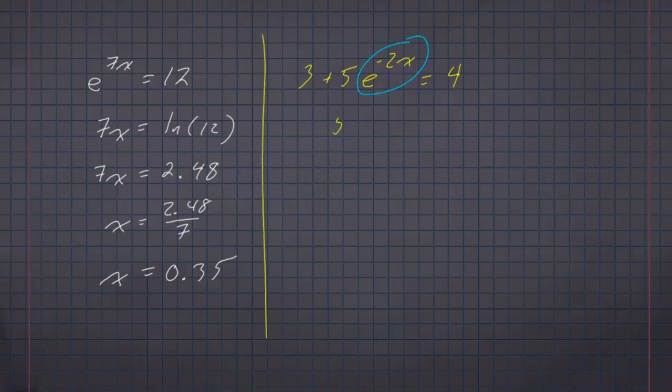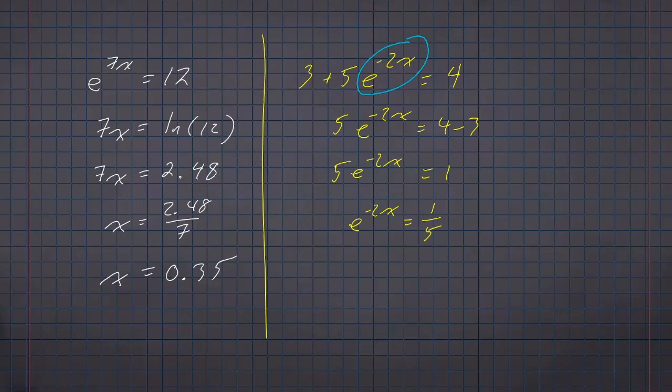Subtract 3 from both sides of the equation. Then divide both sides of the equation by 5. And we get that e to the negative 2x is 1/5.